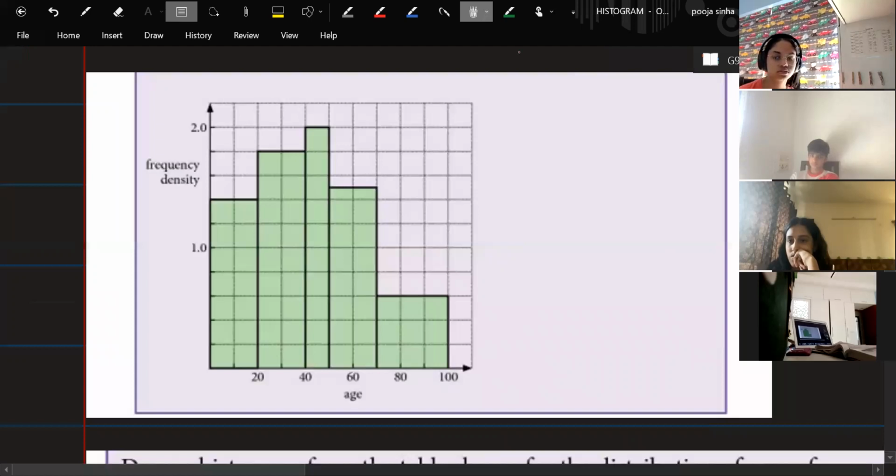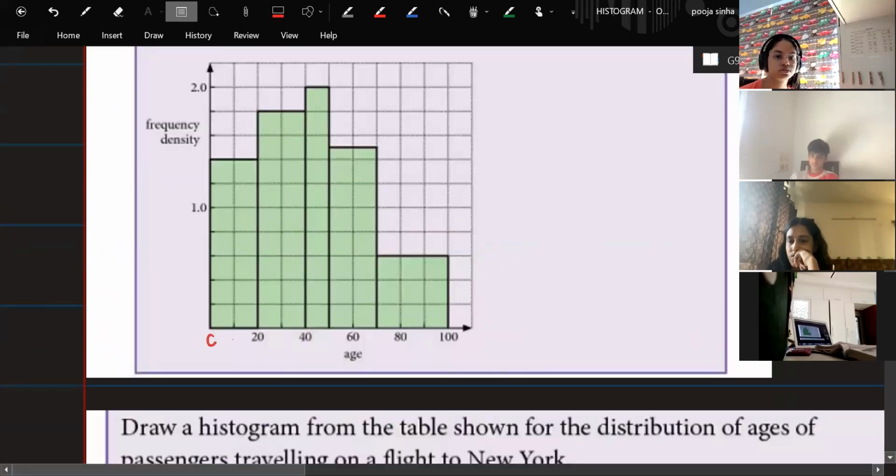You will plot it. Do you see 0 to 20 here? 20 to 40, 40 to 50, 50 to 60, then 60, 70, 80, 90, 100. The first class was 0 to 20, so you make it like this, right? And then look at the y-axis.